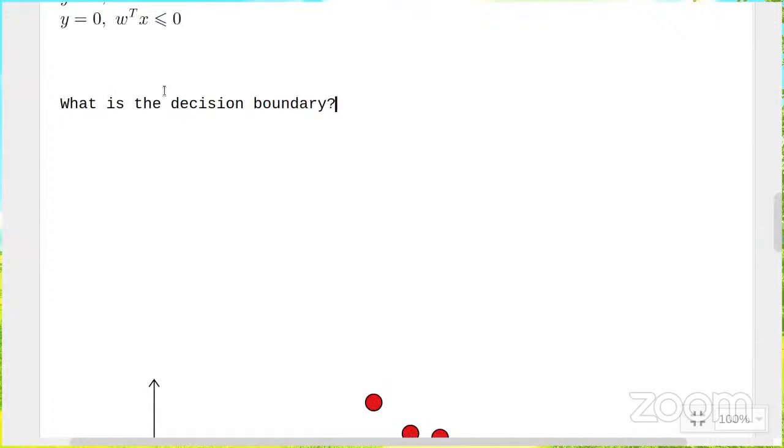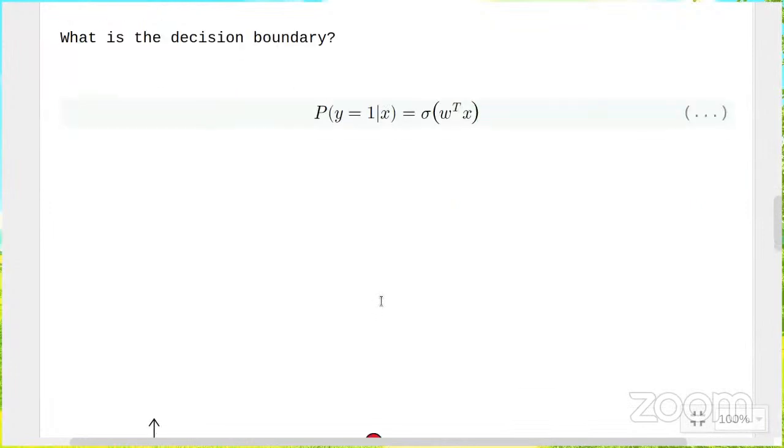Now we have learned a model, and this is the model. So now I want to answer this question: what is the decision boundary?